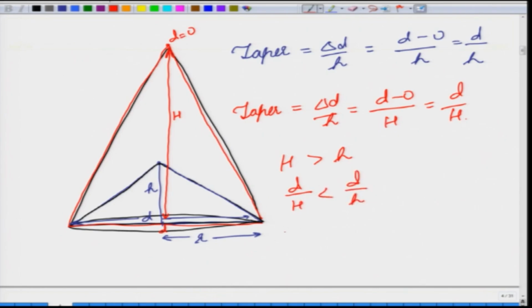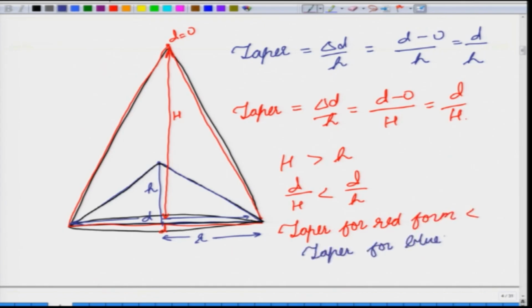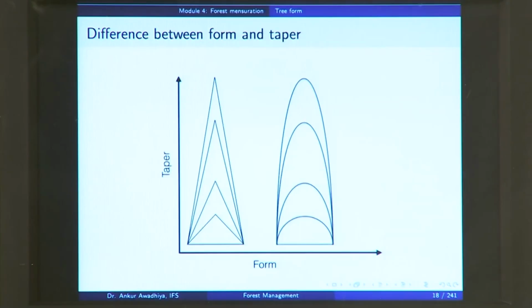So, we can say that the taper for the red form is less than the taper for the blue form, and this is what we are representing in this figure as well.